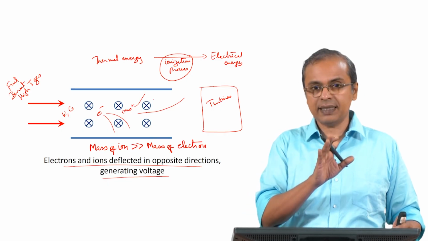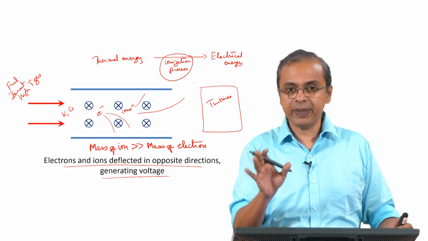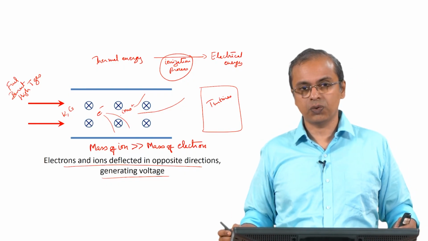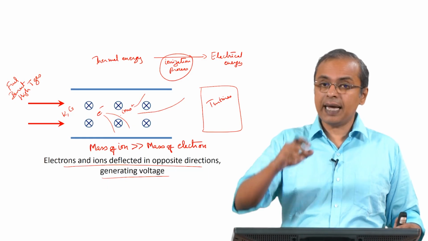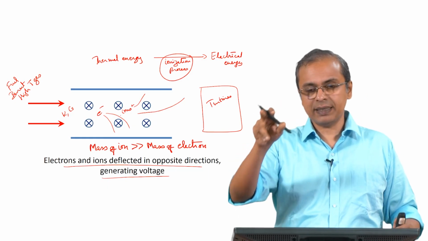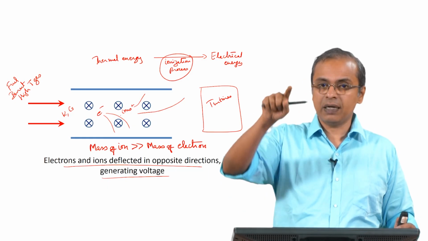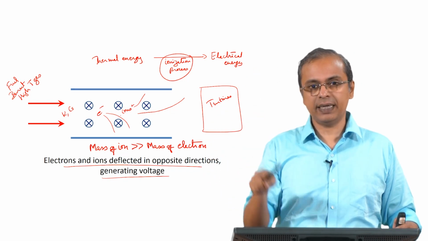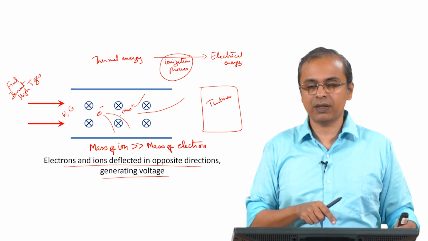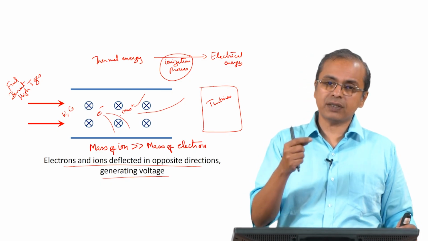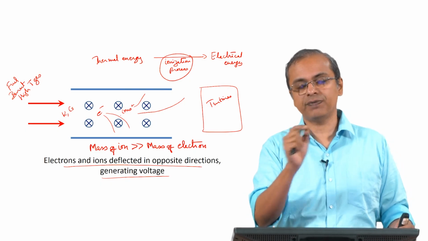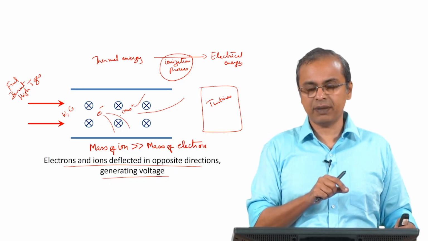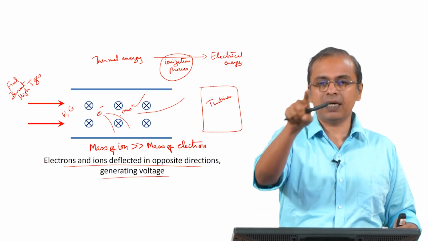To the extent that there is a component of the velocity perpendicular to the magnetic field, it will start deflecting the way we have shown you. And as it deflects, it does not just deflect once and go straight into the electrode, it will continue to deflect. So, in principle it can actually get into a loop. Over and above that, if there is a component of the velocity in the direction of the magnetic field, then it is not getting affected by the magnetic field, it will simply spiral along that direction.